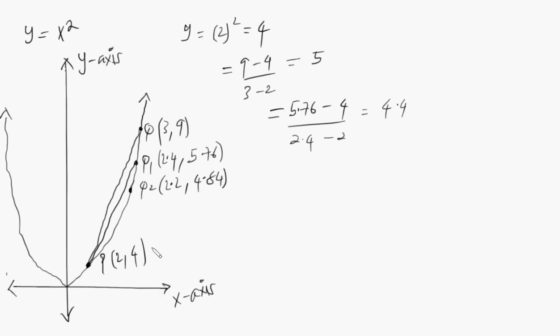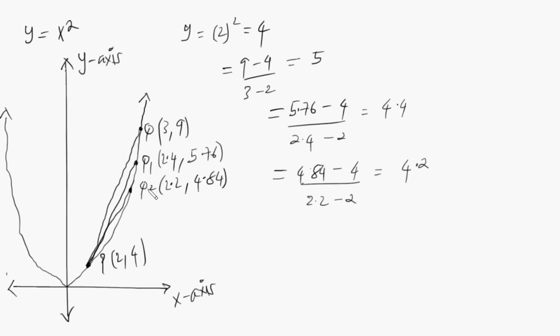So this time again, the average of change of y as x changes from 2 to 2.2 is just going to be equal to 4.84 minus 4 over 2.2 minus 2, which is going to be equal just to 4.2. So 4.2 now is the slope of this line here, PQ2. Okay, a straight line PQ2.